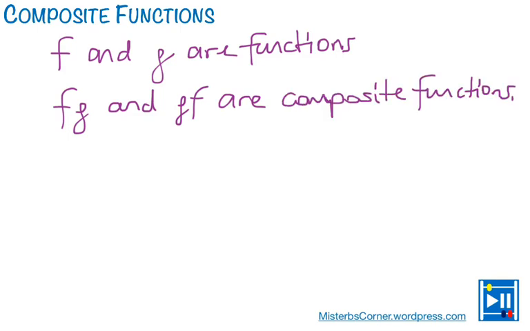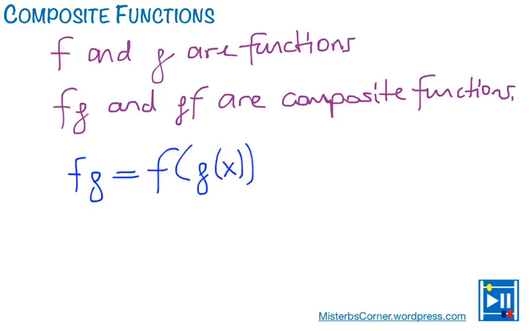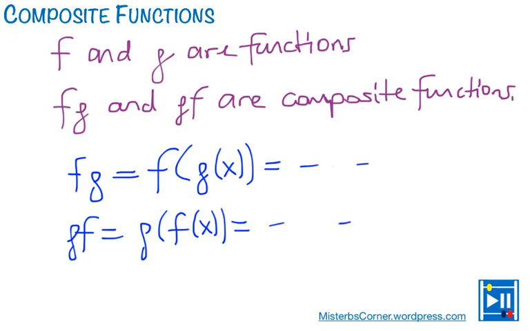Now, fg means that you substitute g into f, like in the previous example. And gf is the vice versa, so you substitute f into g. Then, if you know the expressions, you just go on as we did before. Now let's see some examples.